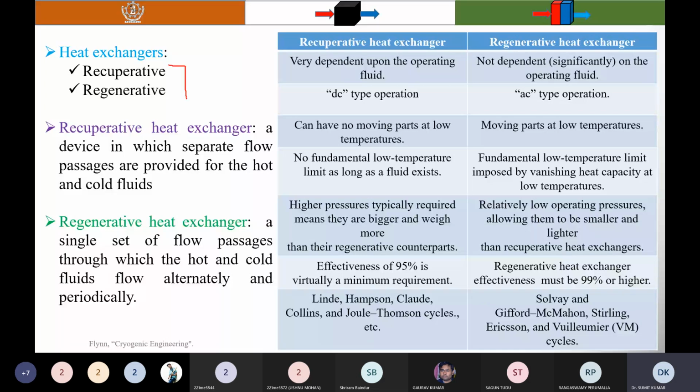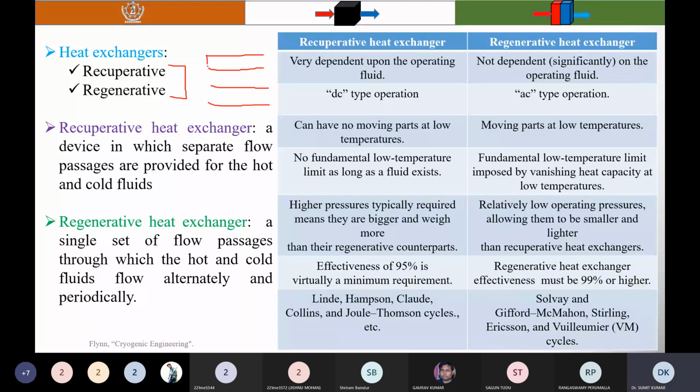So what is the recuperative heat exchanger? A recuperative heat exchanger is a device in which separate flow passages are provided for the hot and cold fluid. If you remember heat transfer, one chapter is on heat exchangers. There are parallel flow and counter flow heat exchangers.